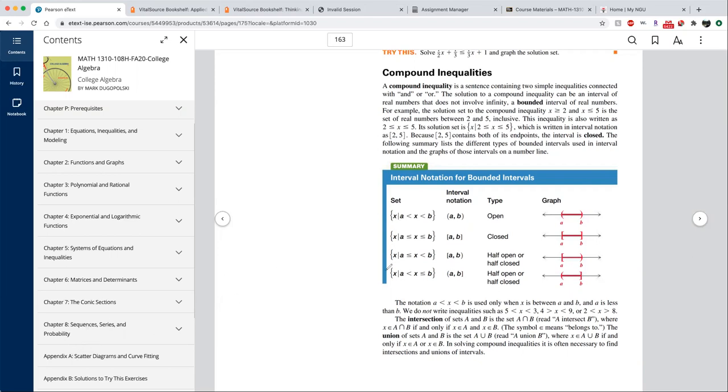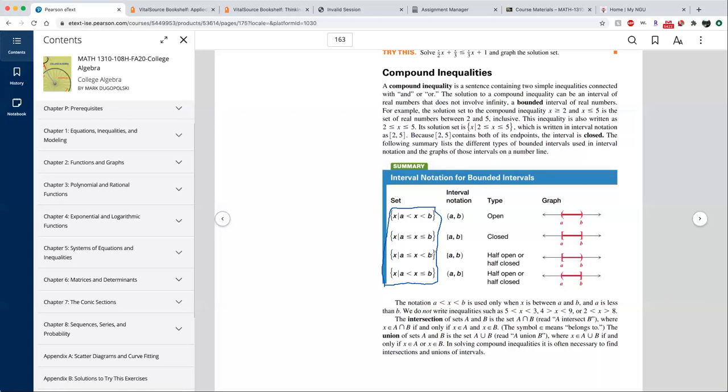Please be familiar with these symbols and notations, because you may see these notations in the online homework, so please keep this in mind. That means nothing but the closed interval a, b because of the equal sign in both inequalities.